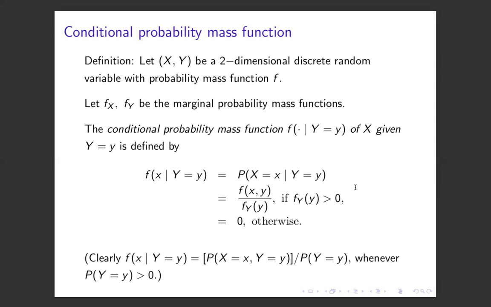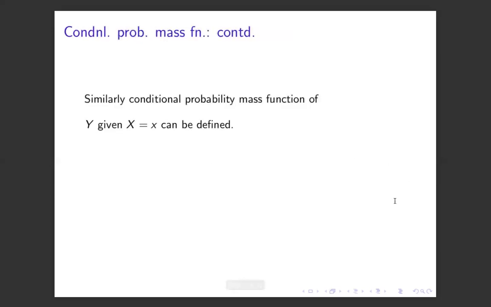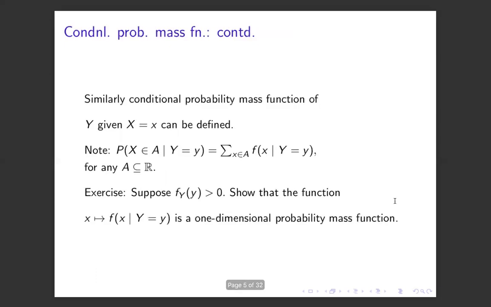But in a logical way of doing things, you should know the joint probability mass function to get hold of the marginals, and also to get hold of the conditional probability mass function.